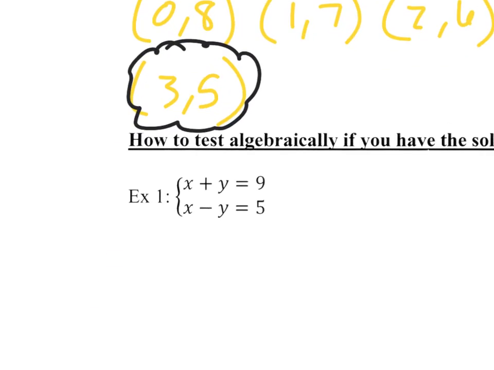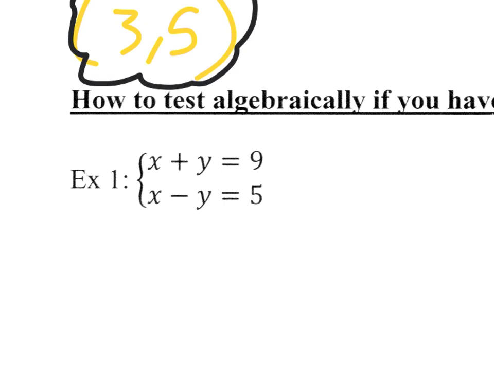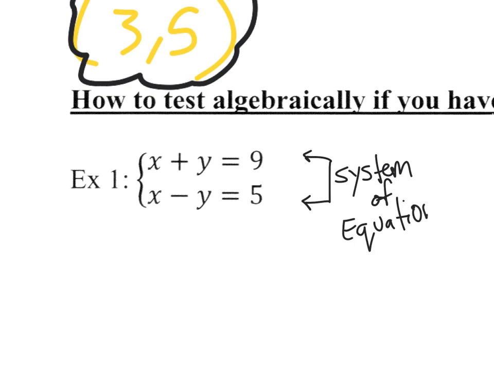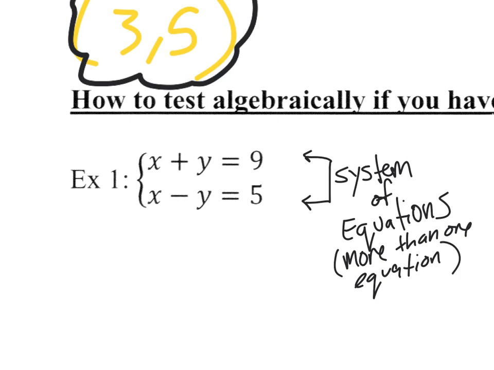So what we're looking at right here are two equations. This right here is called a system of equations. A system of equations is more than one equation.